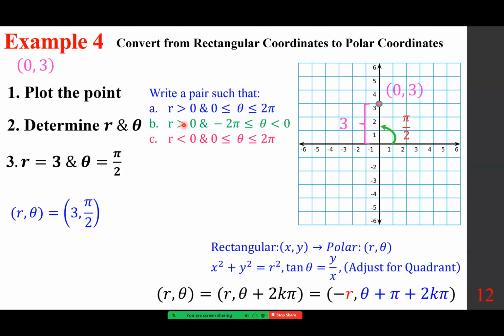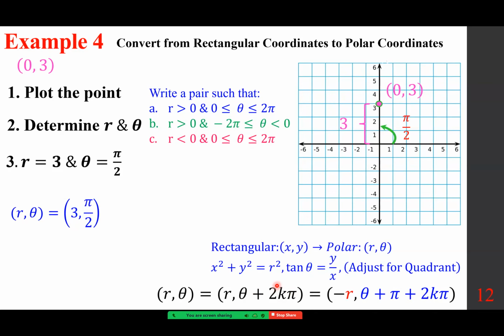Now we want r to remain positive, so 3 is not going to change. However, we want theta to be negative, and we want it to be between 0 and minus 2 pi. Remember, you can add multiples of 2 pi or even multiples of pi. So I can add 2 pi or I can add negative 2 pi.